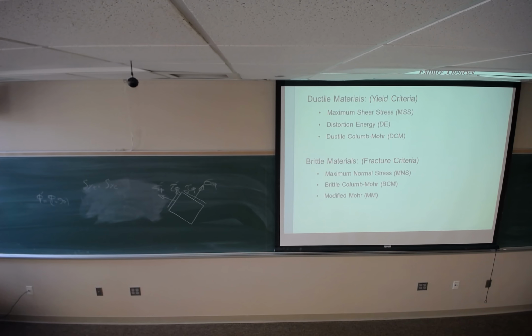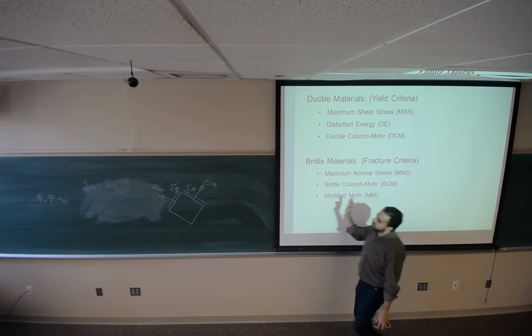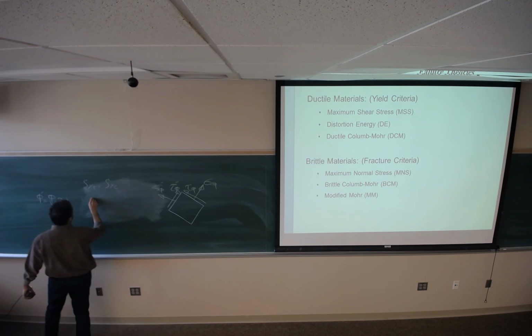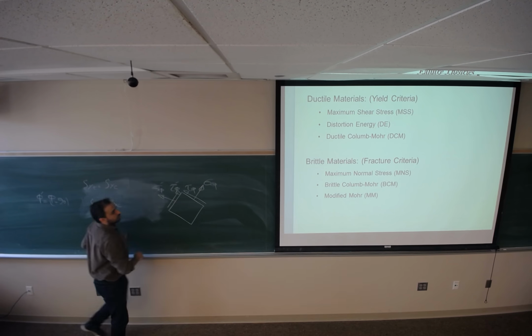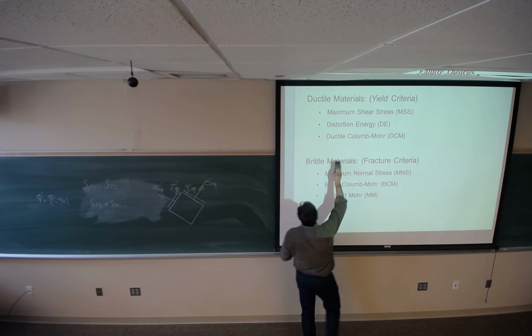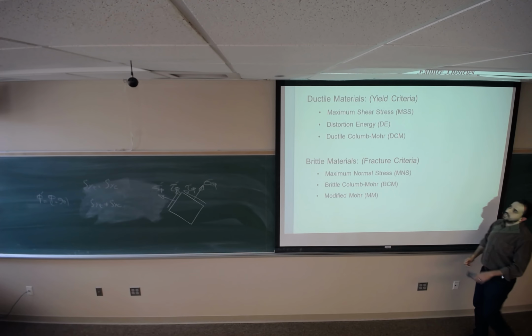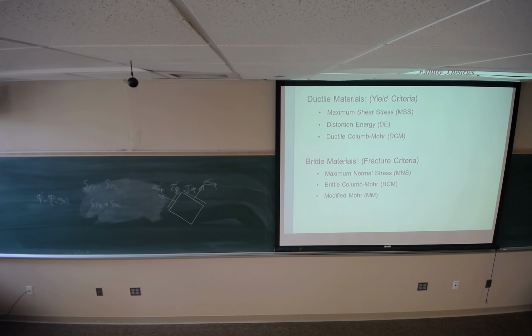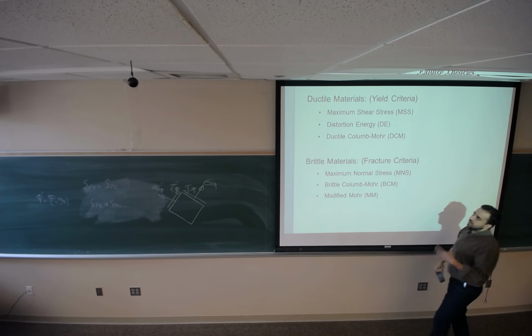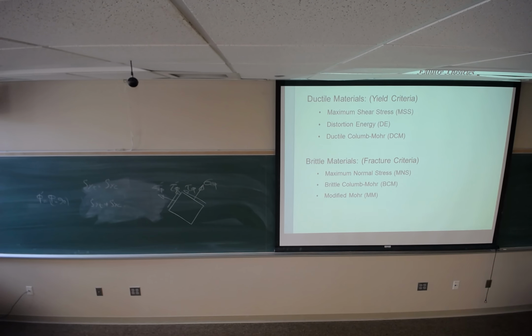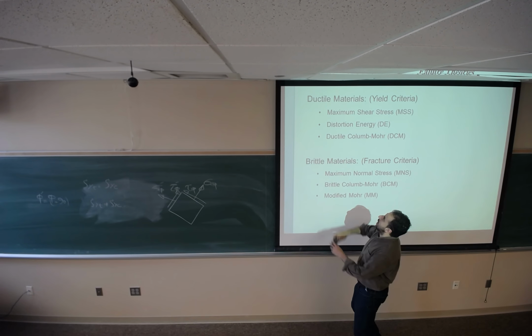But there are some ductile materials where Syt is not equal to Syc. So for these types of material, we have to use DCM theory. So we cannot use the first two. For all ductile material, you can use DCM, but for the materials which have Syt different than Syc, you have to use DCM.